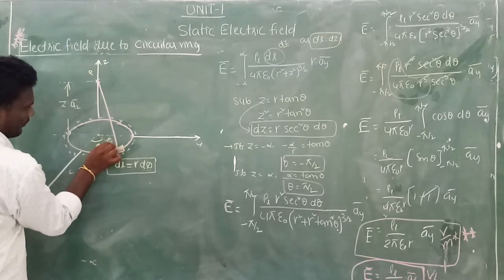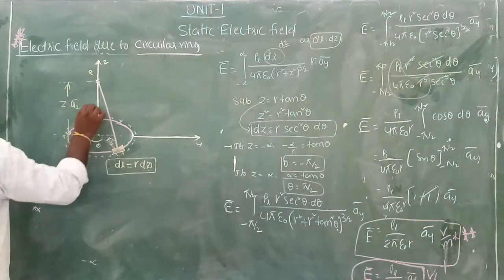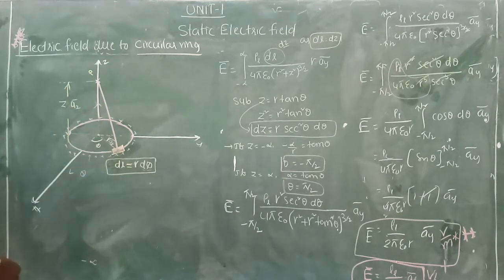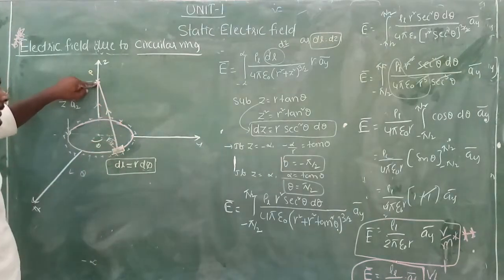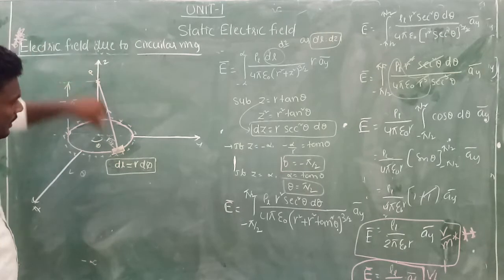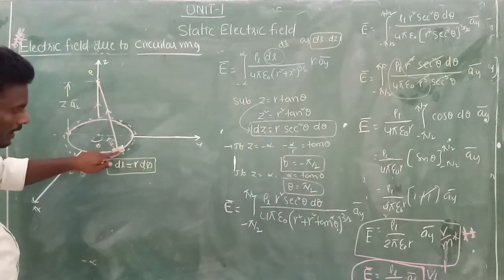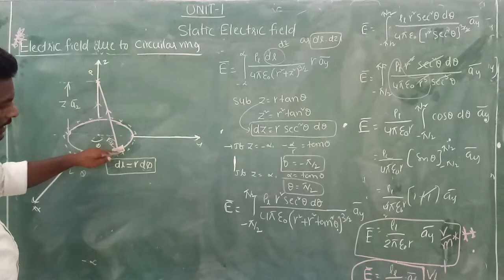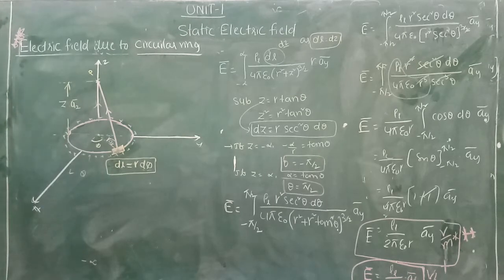It is in the direction of ar bar, and this is z into az bar, and this is upward. And now tell me, the electric field intensity at point P is due to this differential element, so it should be upwards. We are calculating the electric field intensity at point P due to this one. That means the electric field intensity is upwards, not downwards. We are not calculating the electric field intensity at this point; we are calculating at this point, so the direction is upwards.